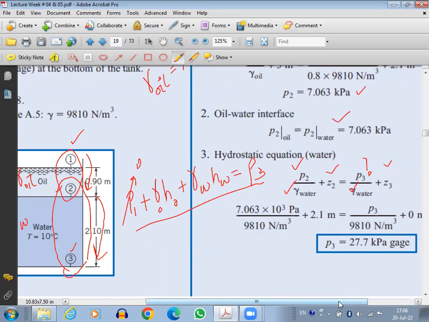You should be getting 27.7 kilopascal gauge. Yes, it's okay, 27.7 kilopascal gauge.